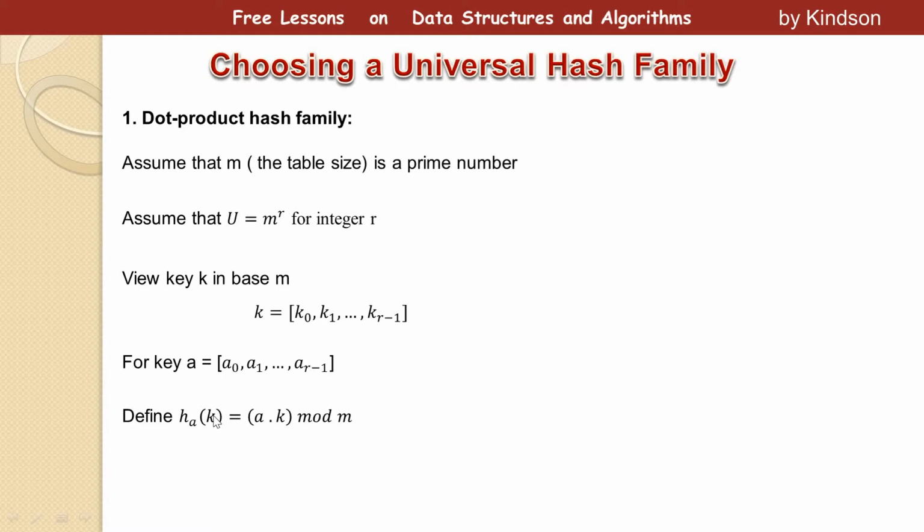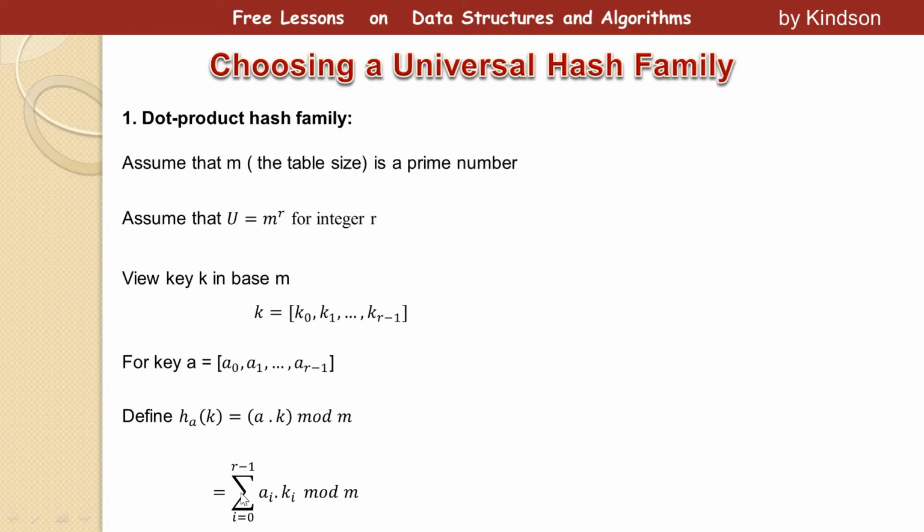So assuming you've selected a hash function h a, then you have h a of k. The slot it hashes into is given by a dot k mod m, and that is given by this formula.